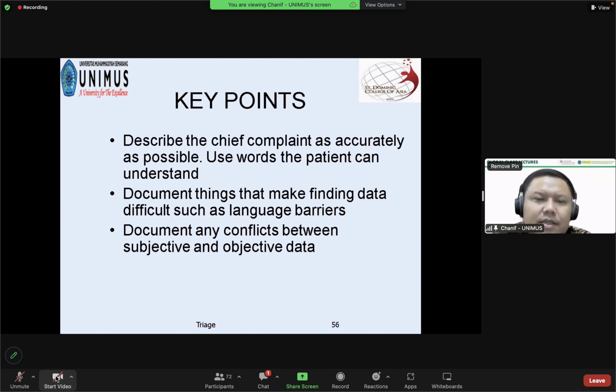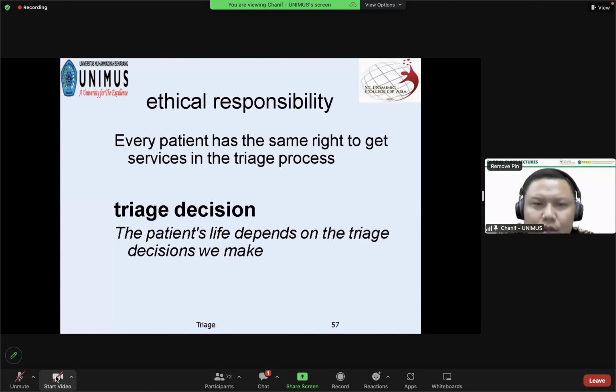Describe the chief complaints as accurately as possible. Use words the patient can understand. Document things that make findings difficult, such as language barriers. Document any conflicts between subjective and objective data.